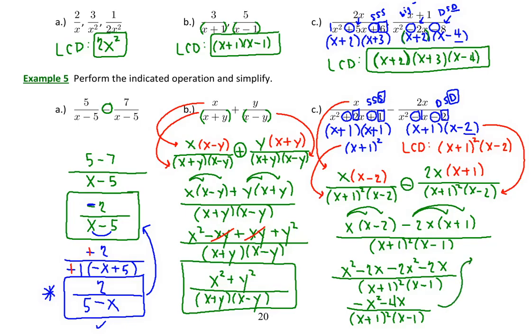So in the numerator, I'm going to factor out the GCF negative x. That's going to leave behind x plus 4. And we'll put that over our common denominator, x plus 1 squared times x minus 2. Because there's no common factors between the numerator and denominator, we know that it is completely reduced.